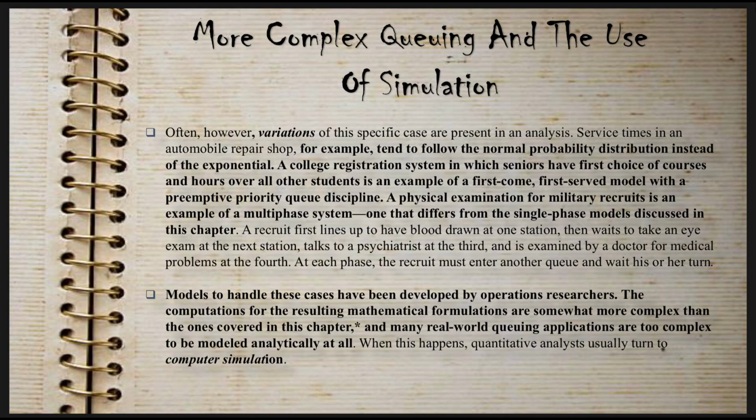And many real-world queuing applications are too complex to be modeled analytically at all. When this happens, quantitative analysis usually turns to computer simulation. Computer simulation is the process of mathematical modeling performed on a computer which is designed to predict the behavior of or the outcome of a real-world or physical system.